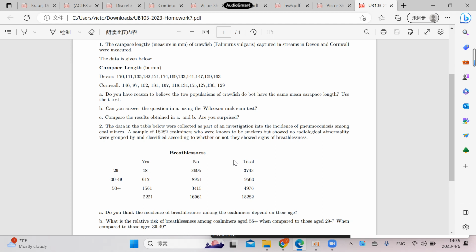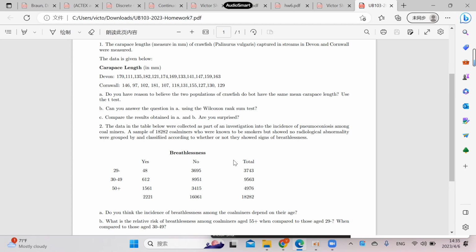The way to find the upper bound and the lower bound of the 95% confidence interval is you use your expected total rank of Devon plus or minus 1.96 times the standard deviation of the total ranks.